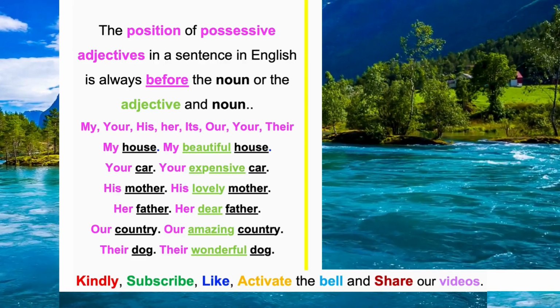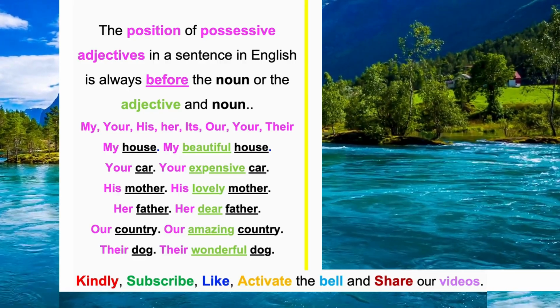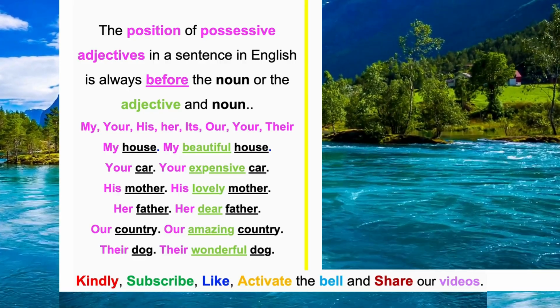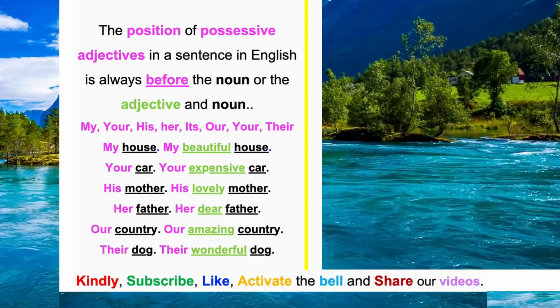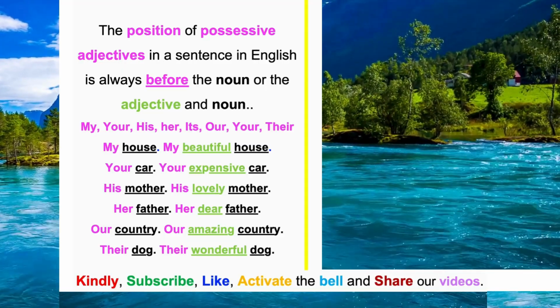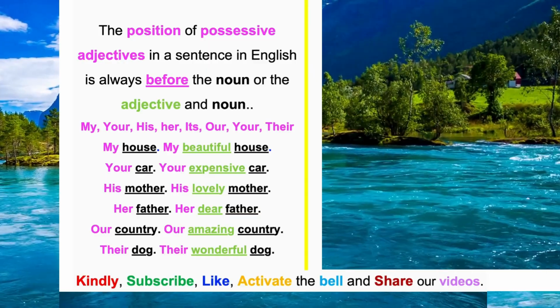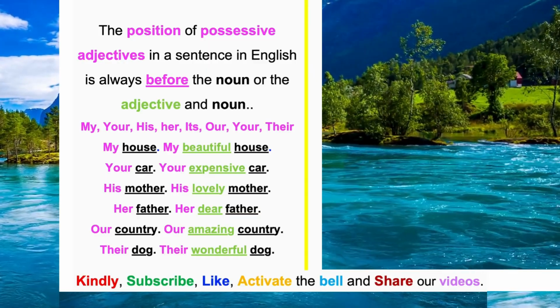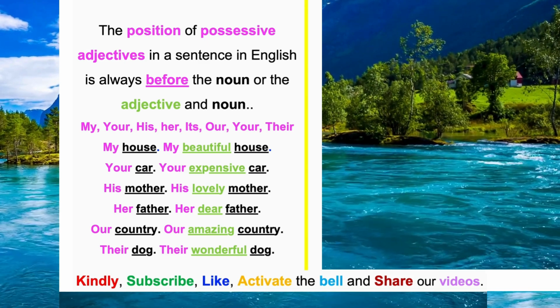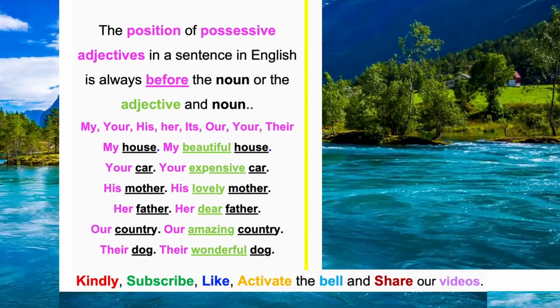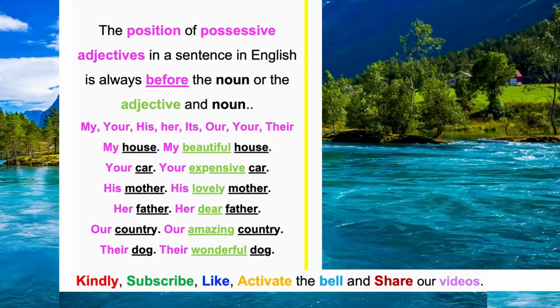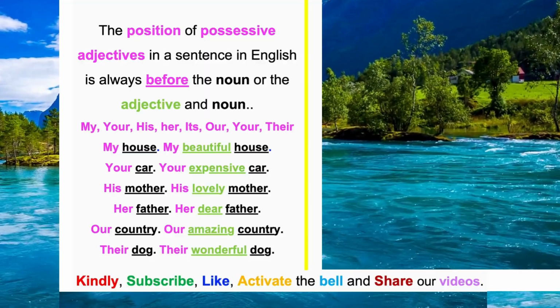We cannot say my beautiful. It's not correct. My expensive. My with just adjective, no. With adjective and noun. We cannot say my beautiful, my expensive. No. So just a noun or an adjective and a noun.